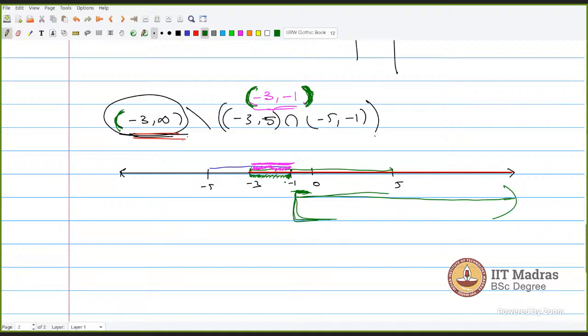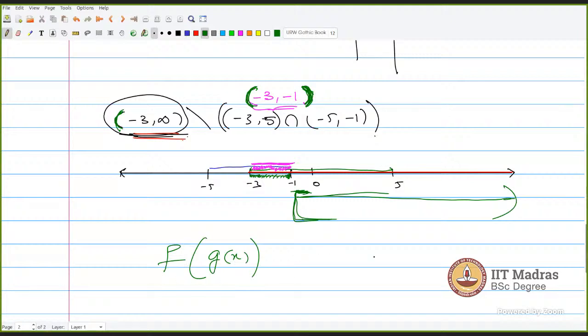Sir, I have a question. If we have to find the domain of f of g x, then we have to find the domain of first f x and g x.